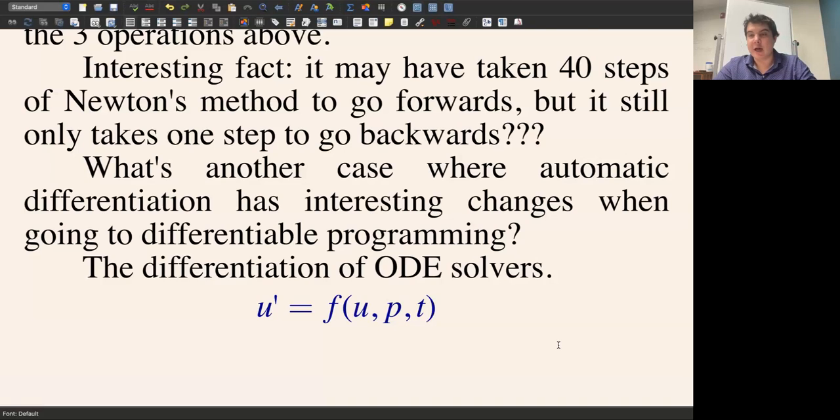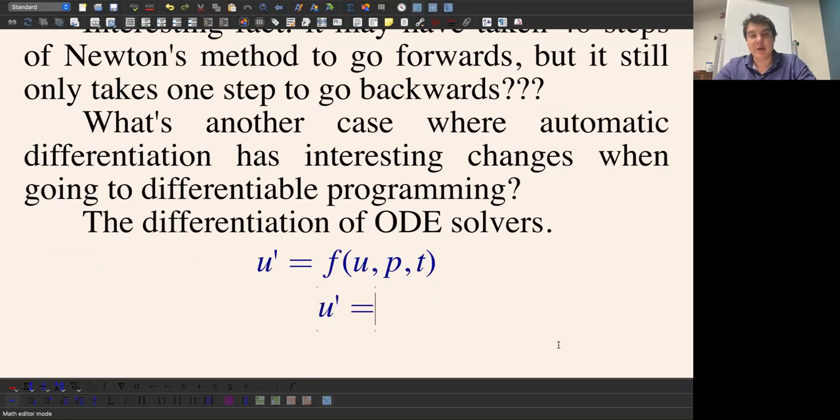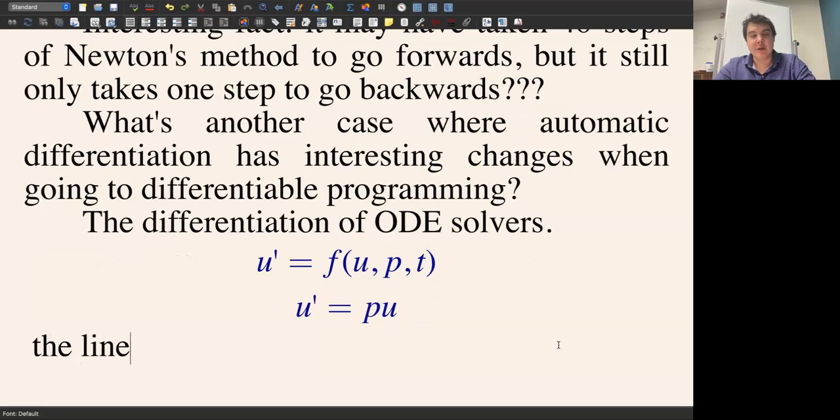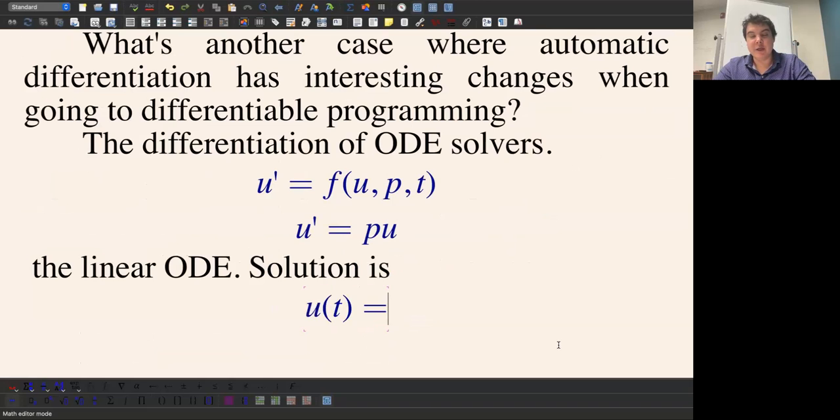A classic example would be something like u prime equals, usually I use alpha, but I'll just say p u here. So this is the linear ODE, and its solution is u of t equals u of 0 times the exponential of p t.